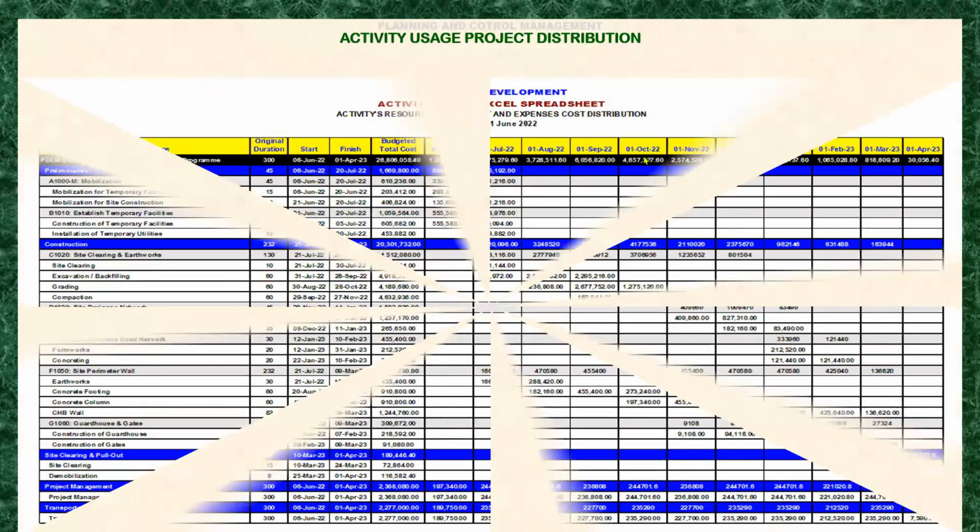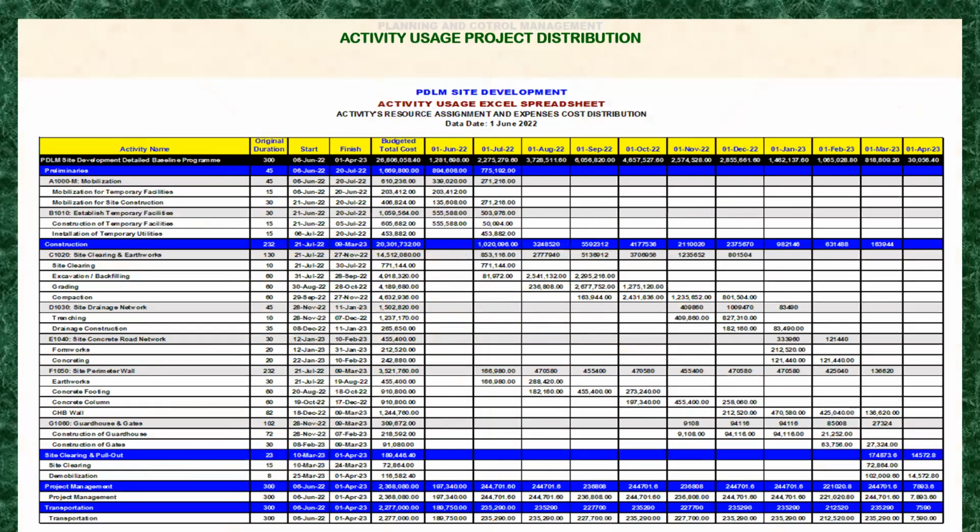Next is the activity usage project distribution also, and the method used here is Microsoft Excel spreadsheet. So we have three methods that we use here. It's up to you, whichever is convenient for you.